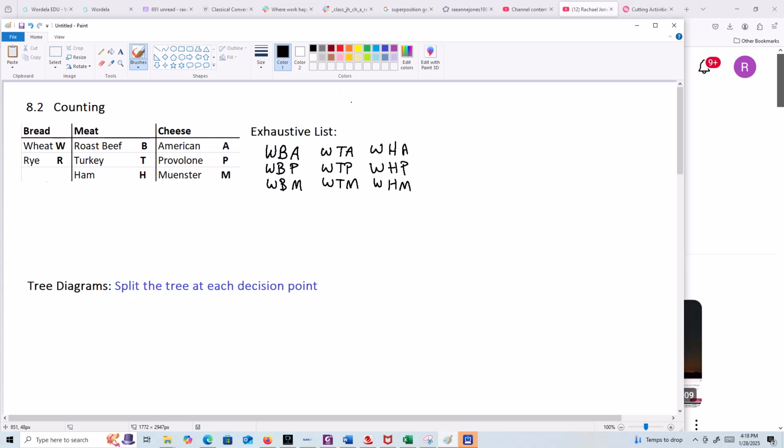We can still choose rye. Why anybody would want to, I don't know.